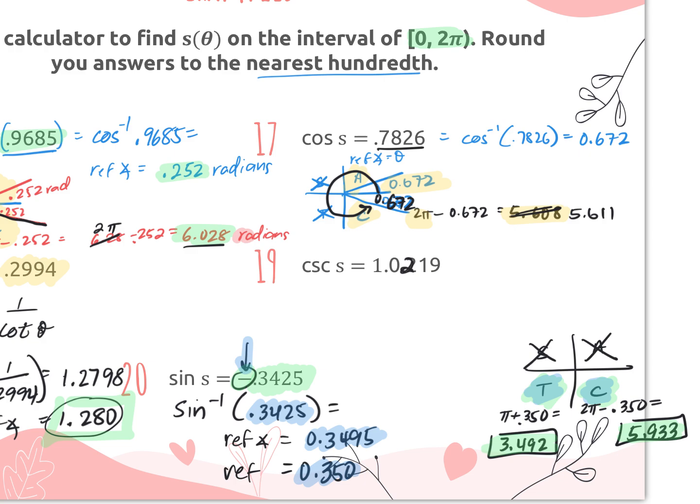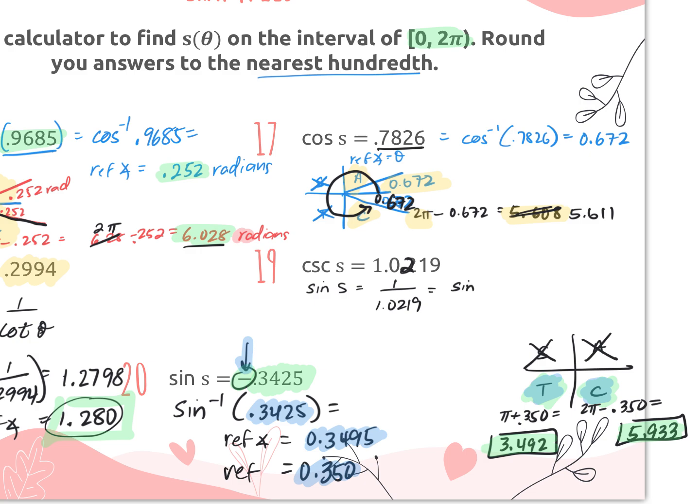So I know the cosecant of some angle equals this. Well, I know that the sine of that same angle is going to be 1 over the cosecant of that angle. So the sine equals 1 over the cosecant. And so I'm going to set it up like this.